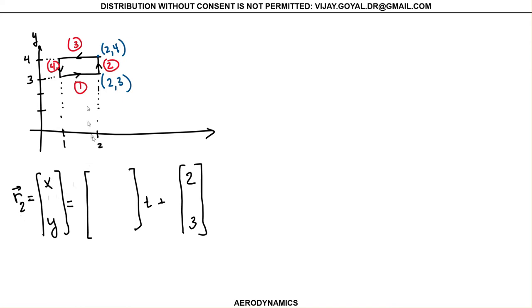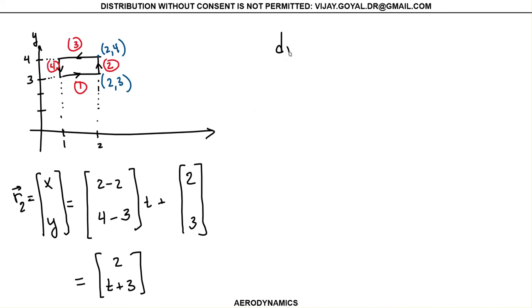So then this will be 2 minus 2, and 4 minus 3. If you evaluate all this, you will get 2t plus 3. You can do the math, and that's what you will get.